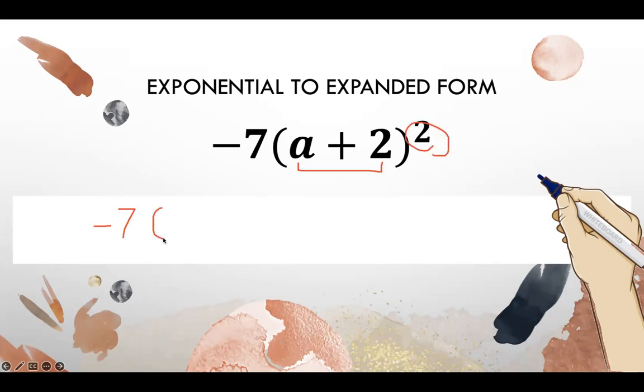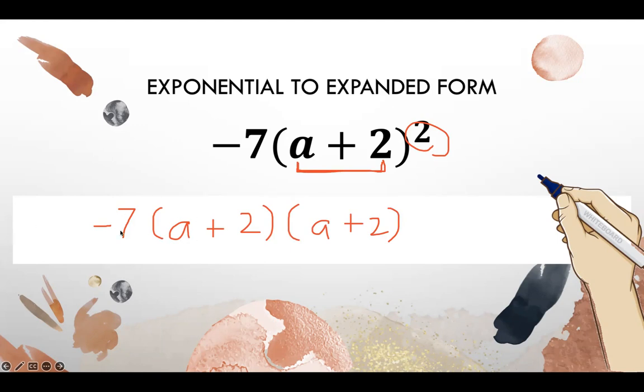So we can write it in expanded form as the quantity of a plus 2 times the quantity of a plus 2. Meaning to say, we have 2 a plus 2's, because the quantity of a plus 2 is being raised by 2. So this is now our final answer.